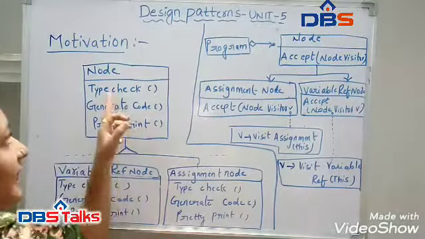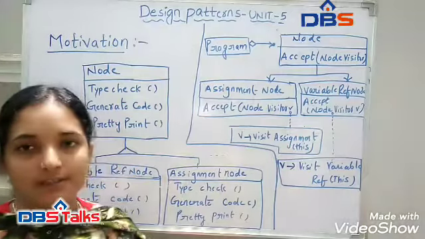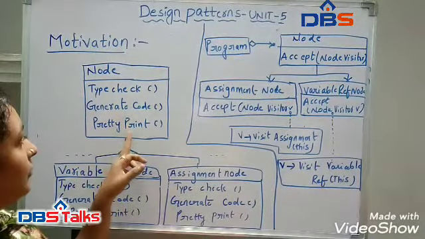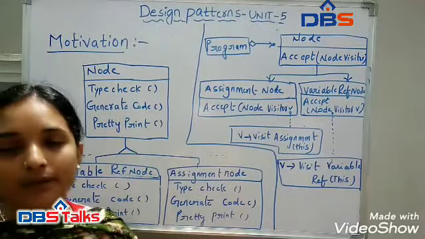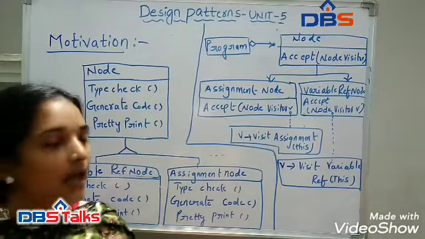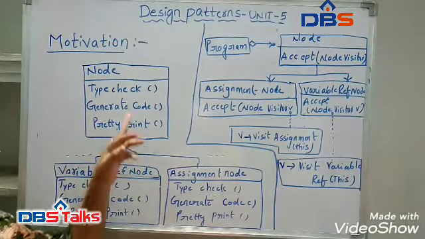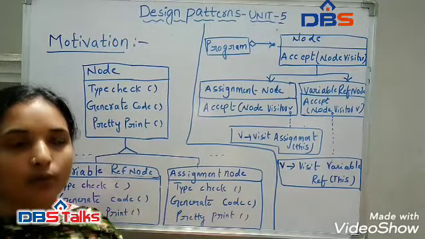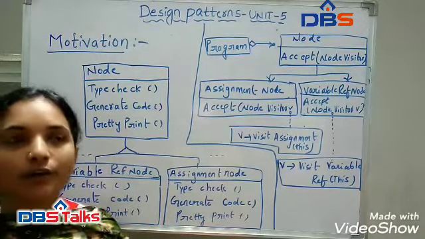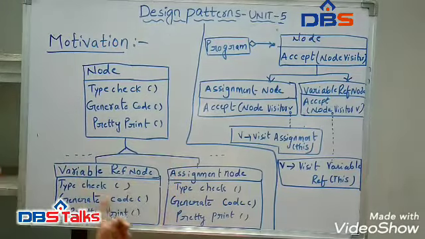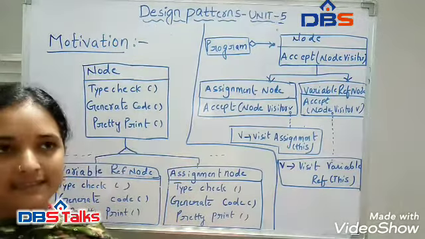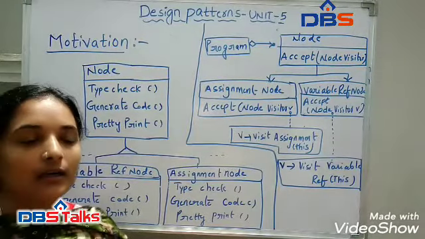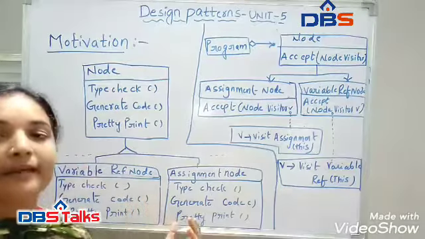In this node class hierarchy we have the operations: type checker, generate code, pretty printer. These are the different abstract methods we can say. The main problem here is that distributing all these operations across the various node classes leads to a system that is hard to understand, maintain and change.